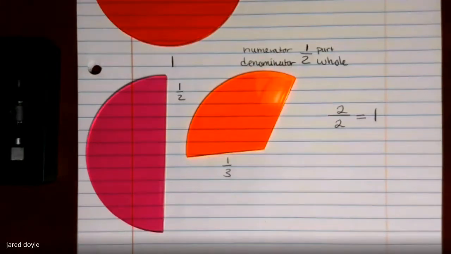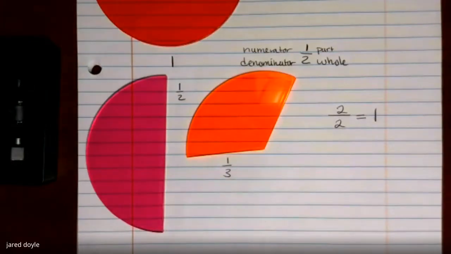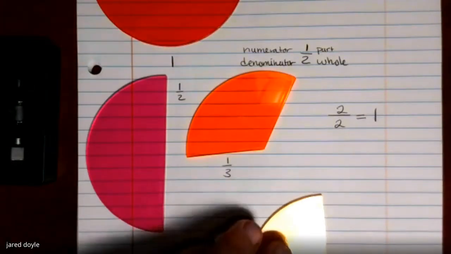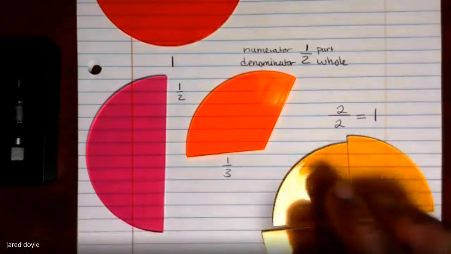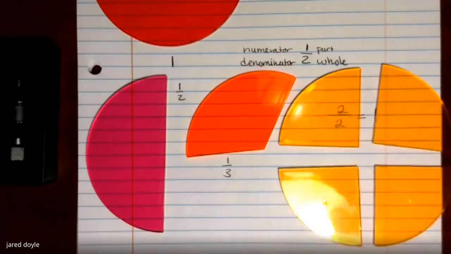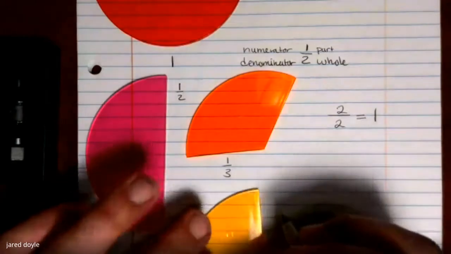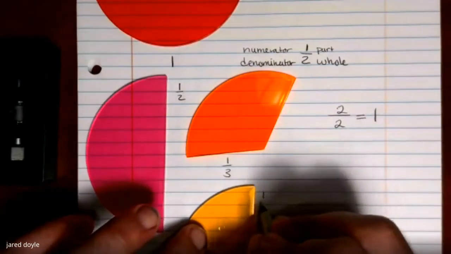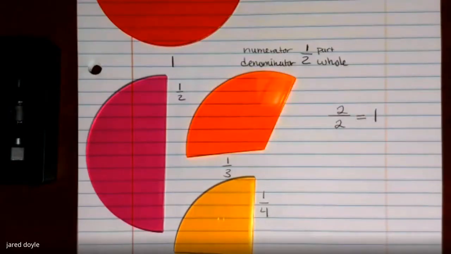Now, if we were to take that circle and again cut it into more pieces, this time we'll cut it into 4 pieces. So there we go. Here's our circle. We're going to break it into 4 pieces. And if we just had one of those, we would have one part of the 4 pieces necessary to make that circle.